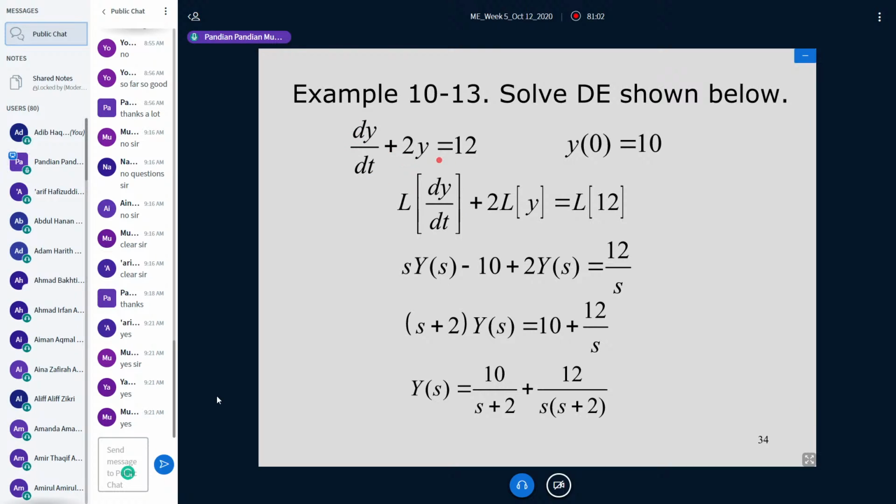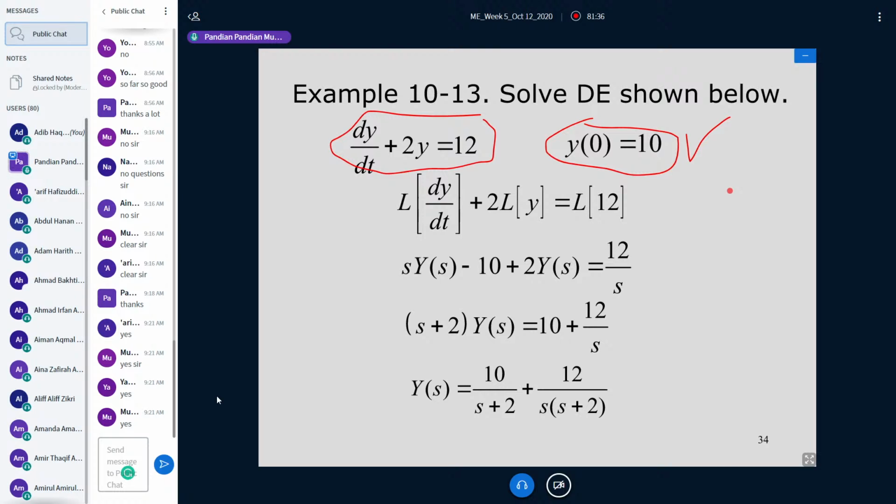dy/dt plus 2y equals 12. Actually, this is a linear first order differential equation with an initial condition. Why do we need Laplace to solve this question? Because if you solve using the integrating factor, it's very lengthy, and you always end up with the constant c. So you must use y(0) equals 10 as the initial condition to find c.